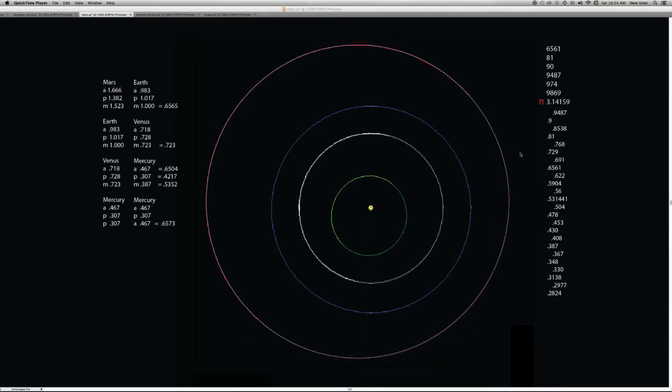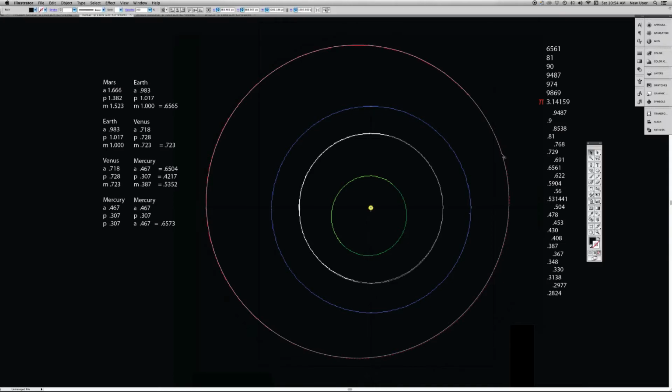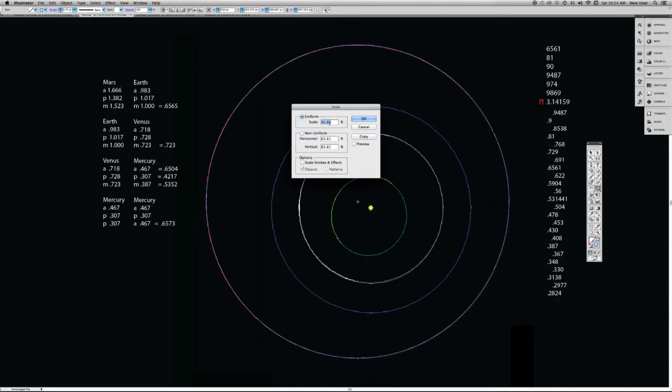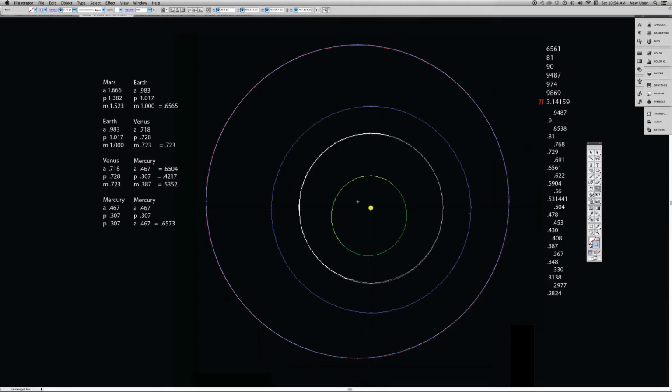So just to do an orbit zoom, the orbit of Mars reduces by 6561 to give the orbit of the Earth.